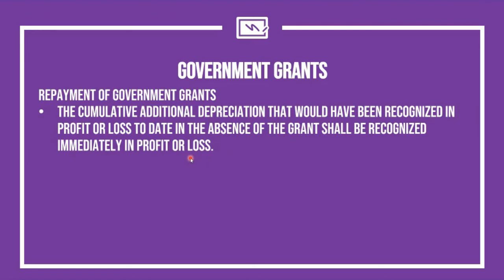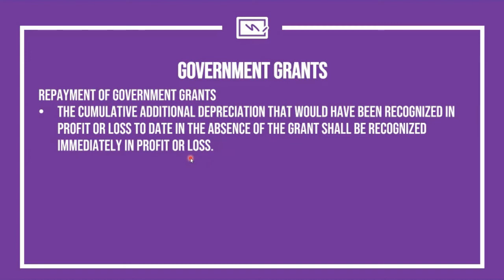If that is pertaining to a previously subsidized income, then the debit will be additional expense. If it is pertaining to an asset, then it is going to be an amount that is going to be recognized as an increase in the value of the asset net of the previous depreciation.